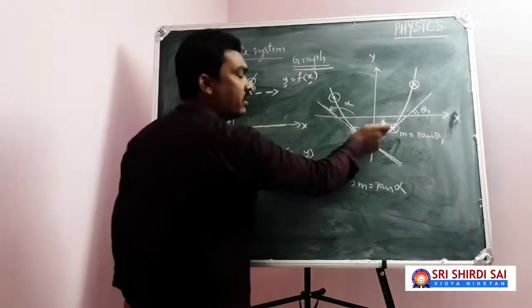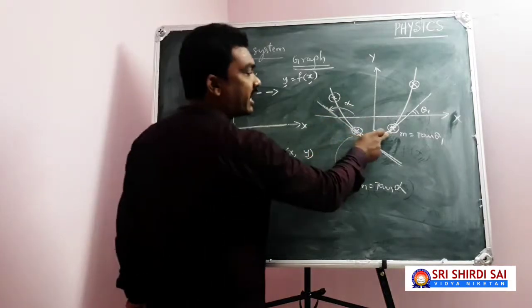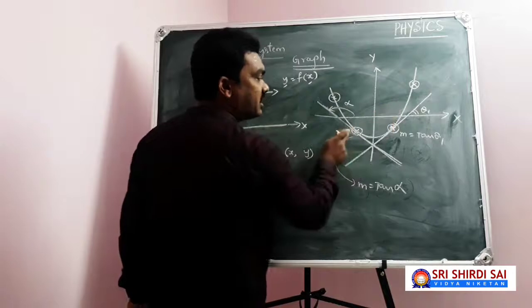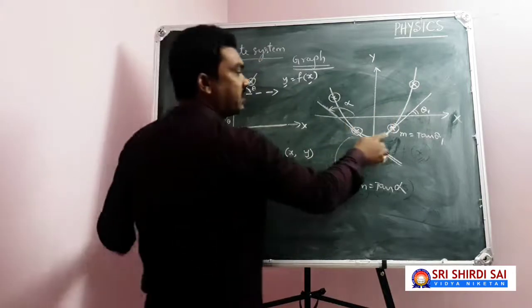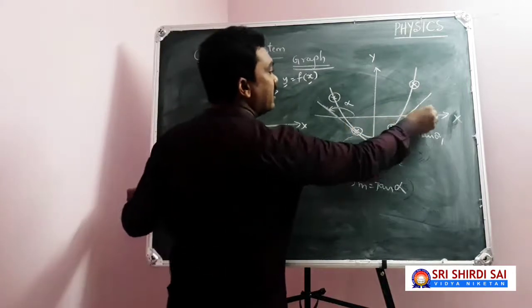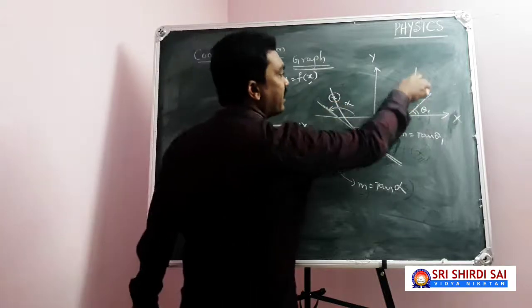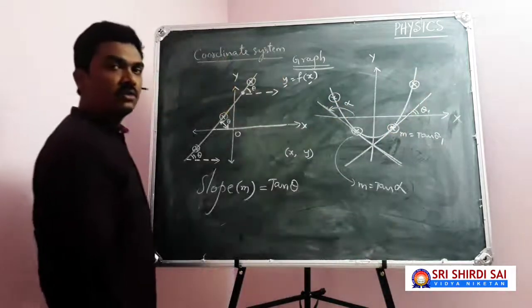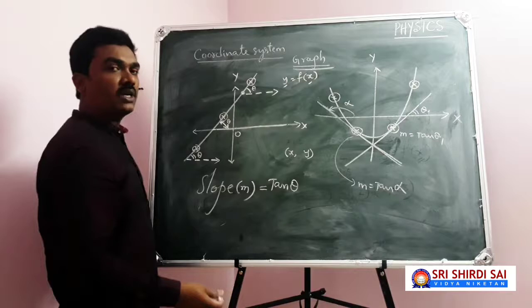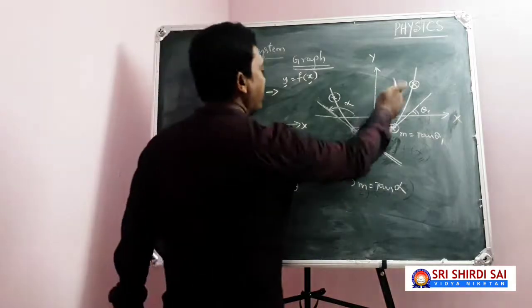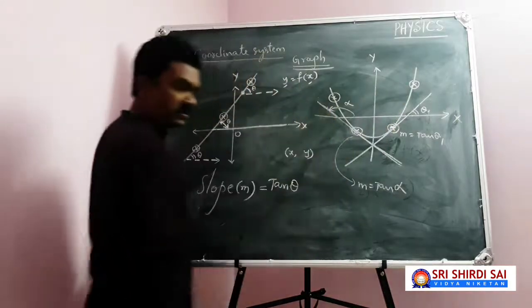As it is a curve, the angle made by the tangent at different points will be different. Here the tangent makes an angle theta 1. Here the tangent makes an angle alpha. Here the tangent makes an angle beta. So the slope of the curve varies from one point to another point.